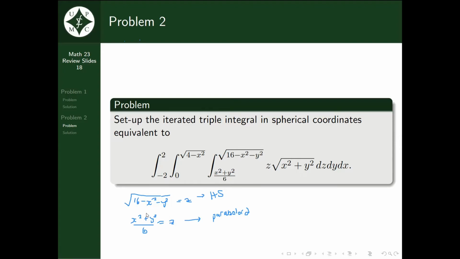For the other one, x squared plus y squared over 6 equals z, this was introduced in Math 22. It's a paraboloid. You can check that it's a paraboloid. If we set y equals 0, we get a parabola. And if we set x equals 0, we also get a parabola. So to get more information about the surface, we have to graph or draw the surface. Fortunately for you guys, I will just graph this surface.